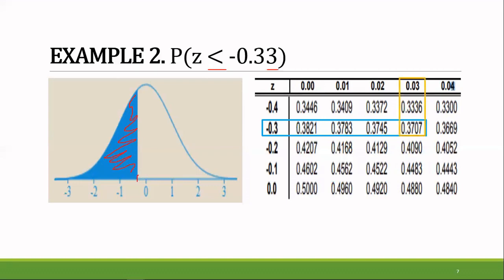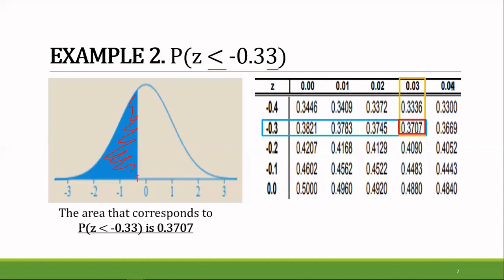So the intersection of these two will give us the value. Okay. Ayan. So the area that corresponds to the probability of z less than negative 0.33 is 0.3707. Okay. So meaning yung area nito, itong shaded region na to, ang value niya ay 0.3707.